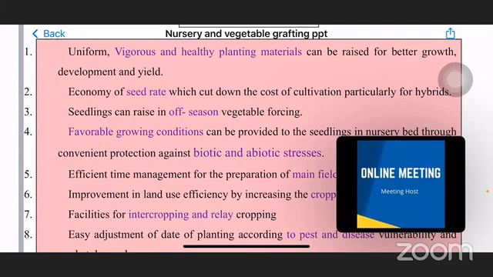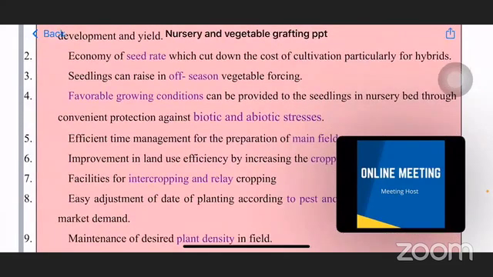Here we are caring for each and every seedling, so we cannot waste the seedlings. In that way, we can avoid the wastage of rupees. Then seedlings can be raised in the off season. Here in the nurseries, we are covering in protected cultivation like nylon nets.